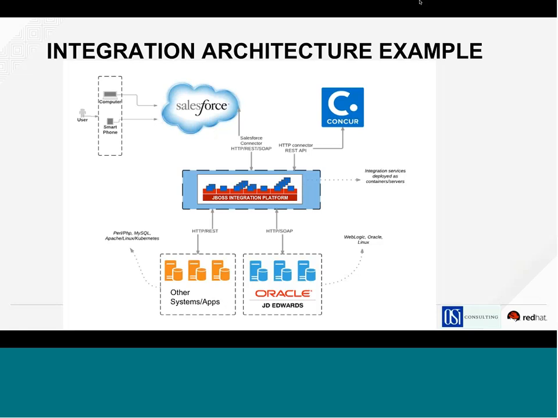As we can see, the middleware layer is a lightweight JBoss integration platform where services are deployed in various containers. As you can see, taking down one container would have no impact on the business information flow because if one container goes down, the other one comes in. It's seamless integration between the various business applications.